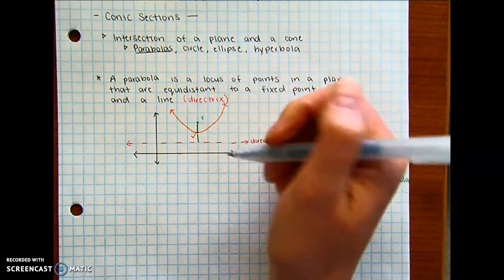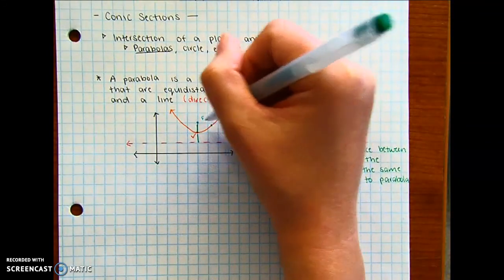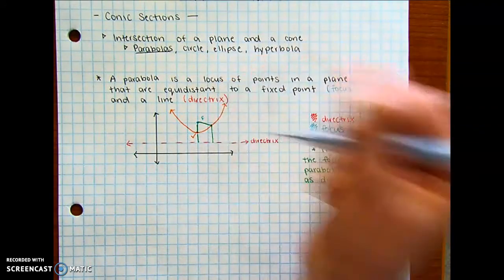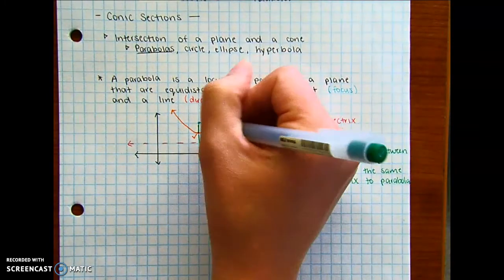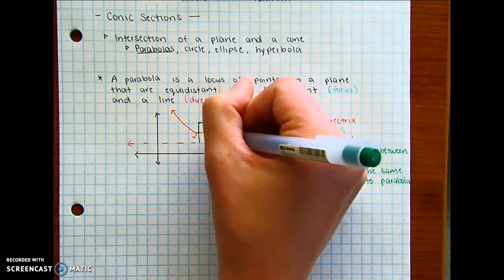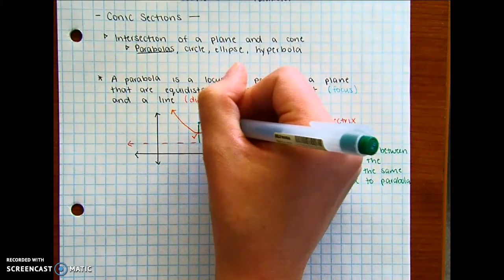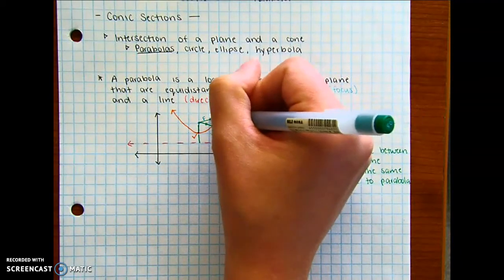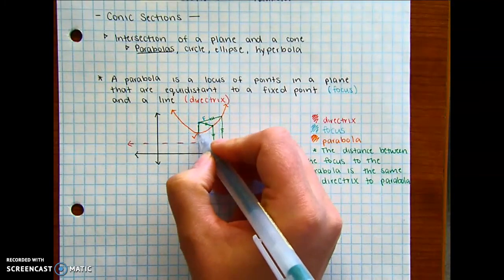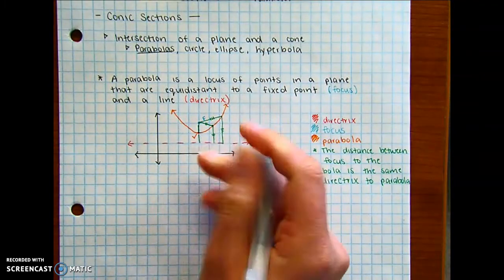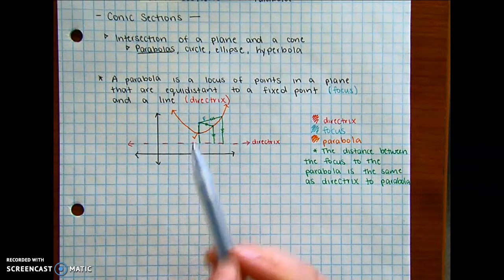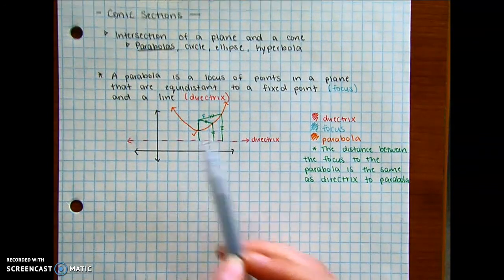So this is the same. And then say we have another point over here, the distance from the focus to that point and that point to the directrix, and my picture isn't super accurate, but this will also be congruent. And then it's going to continue to happen. Because these are equidistant, as we slide on the directrix, the distance is going to stay the same. Alright, so that's how the parabola is made. It's made from the focus and the directrix.